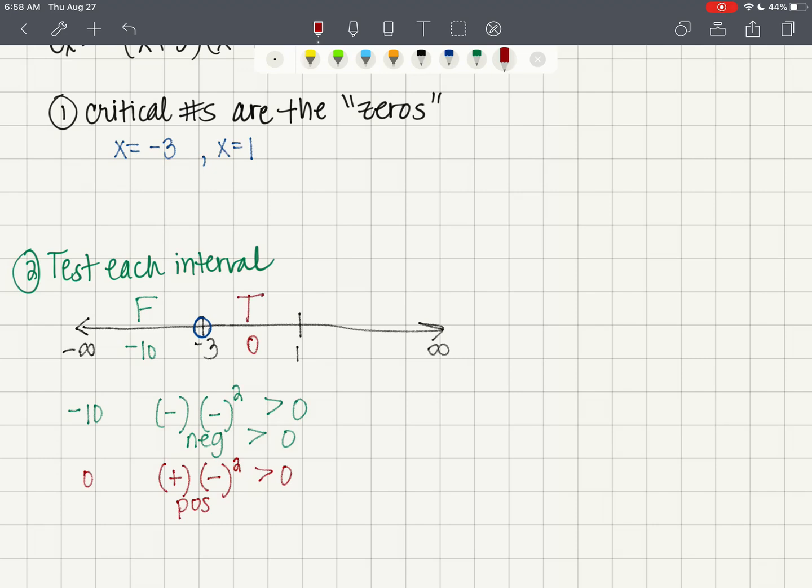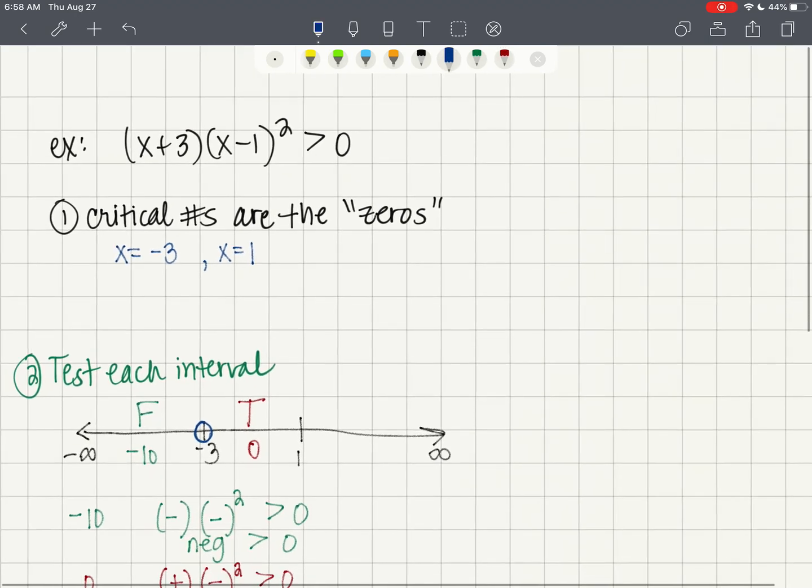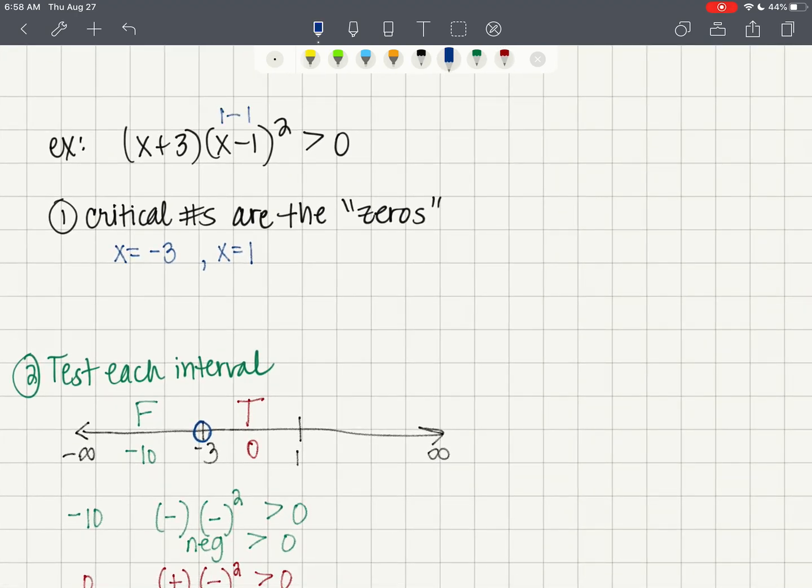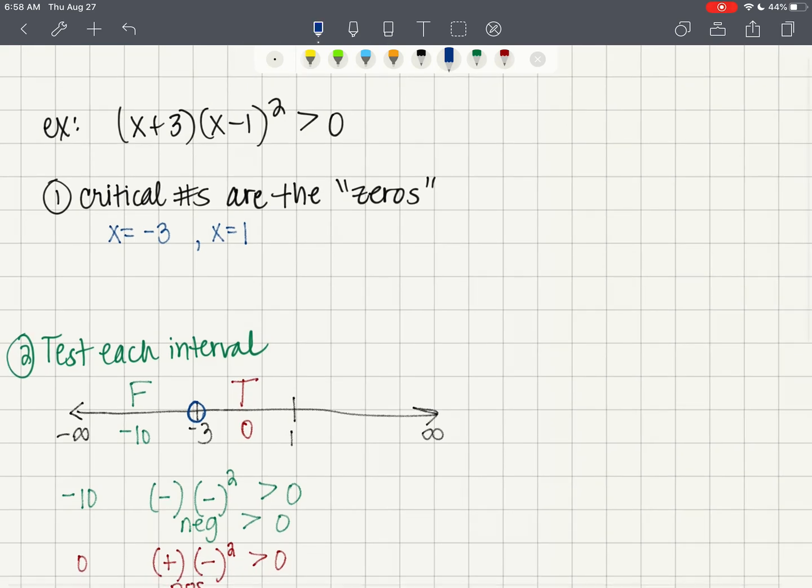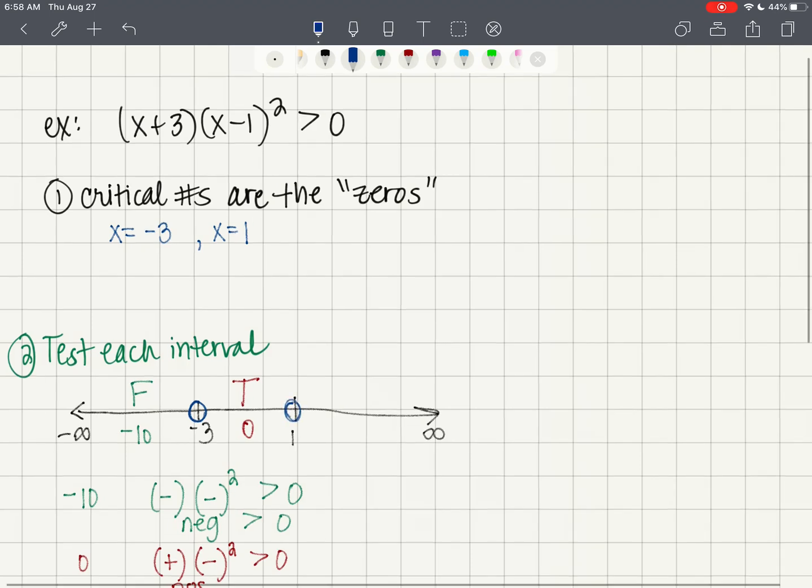That has a truth value of t. Now I'm going to try 1. When I put a 1 in, 1 minus 1 is 0, and 0 squared is 0, and anything times 0 is 0. So 1 does not work because 0 is not greater than 0.